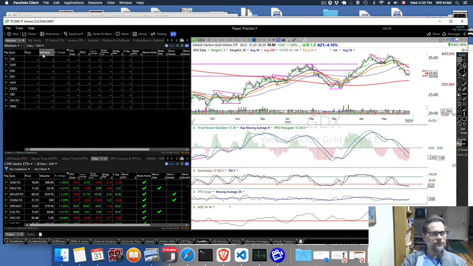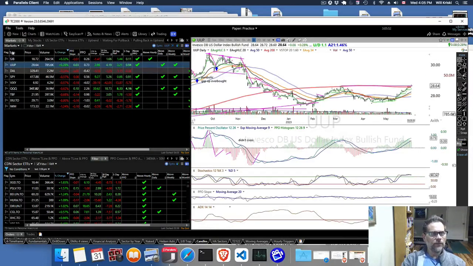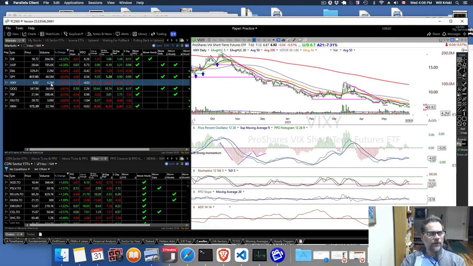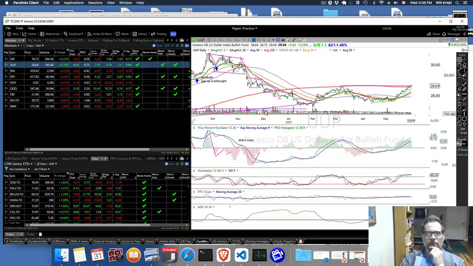But one of my concerns as well, I didn't mention it before on this index page, my stock markets, I put interest rates in, the US dollar as well as the markets, and the volatility in VIX, the volatility futures. But the UUP is the US dollar index related to all the other currencies.